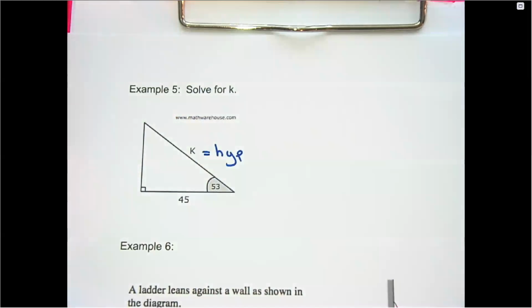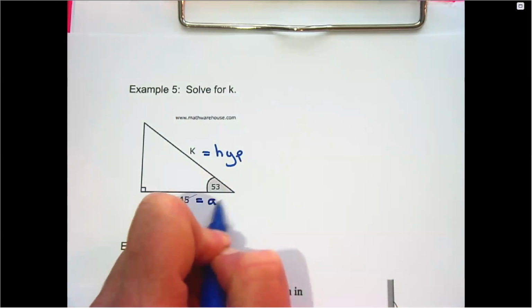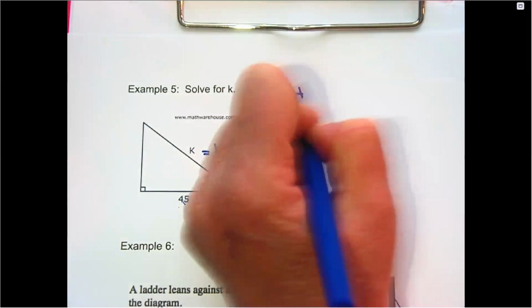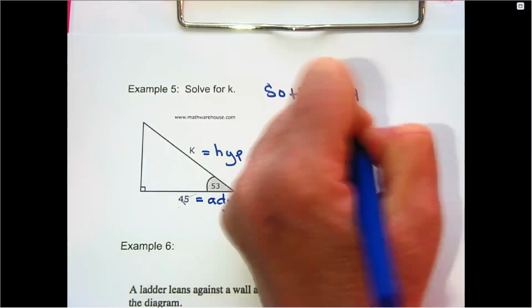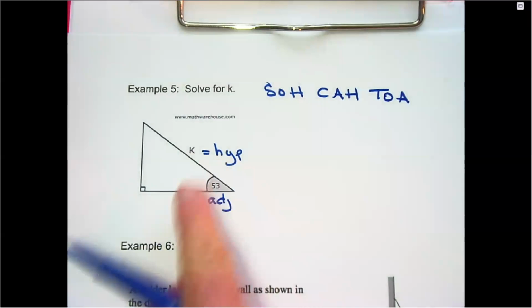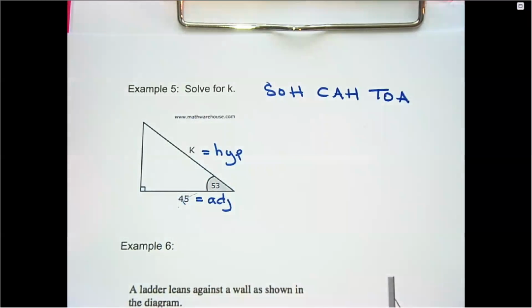And then what is 45? Is 45 opposite, or is 45 adjacent or next to? Well, 45 is right next to that 53-degree angle, so 45 is adjacent. If I look at SOHCAHTOA, adjacent and hypotenuse, A and H would be CAH, so that's cosine.